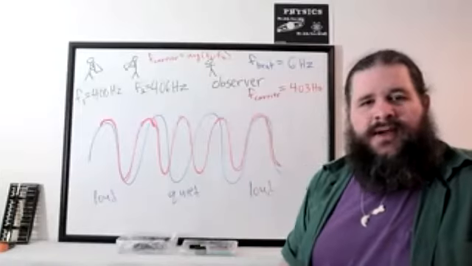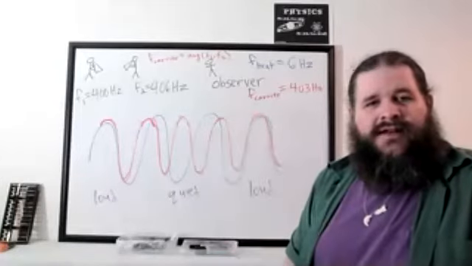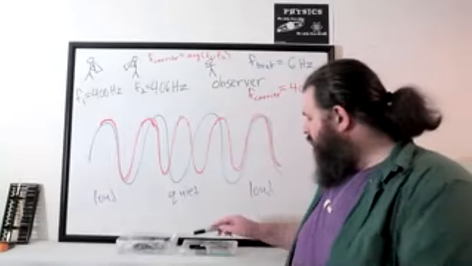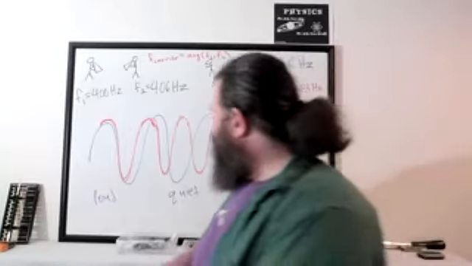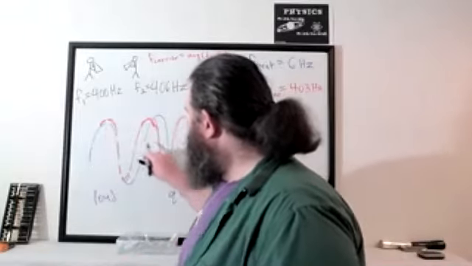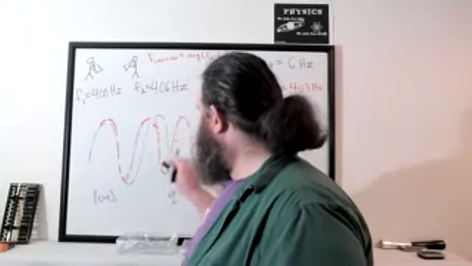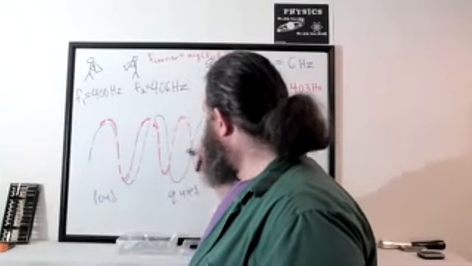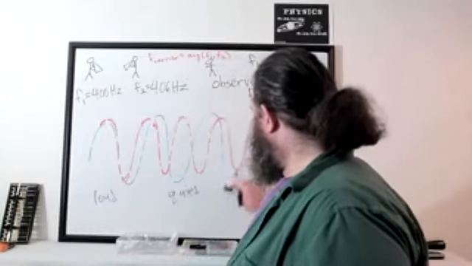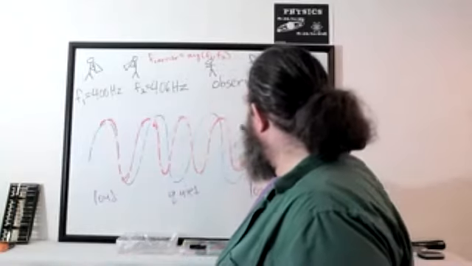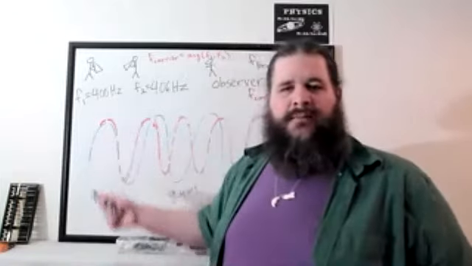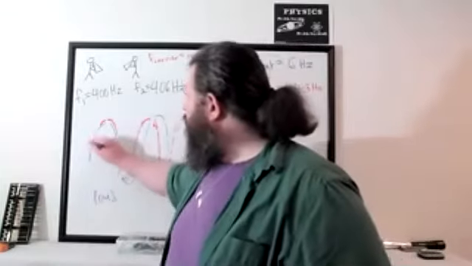So if you combine these waves, we can see we're going to get alternating interference. And what this would actually look like if you were to combine these waves together: in situations where they're matching up, crest and crest, we're going to get a very large wave.